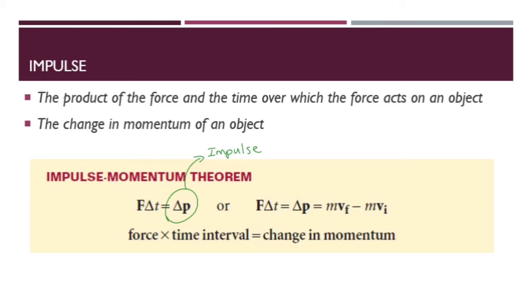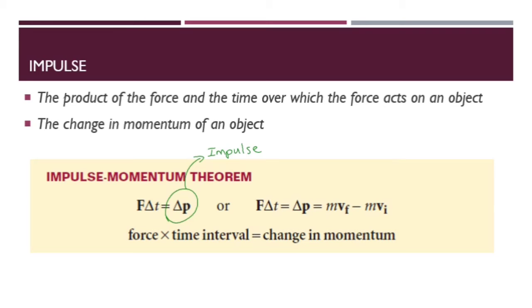Impulse, the product of force and the time over which the force acts on an object, is one definition for impulse. The other definition is the change in momentum of an object. So the idea is that when a force is applied over time to an object, it can cause a change in momentum.